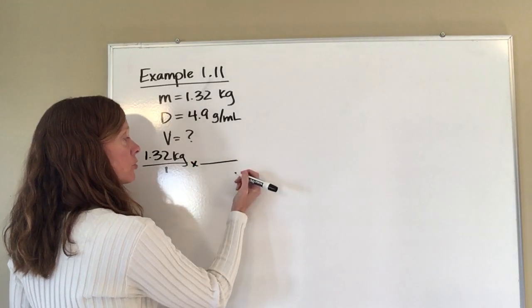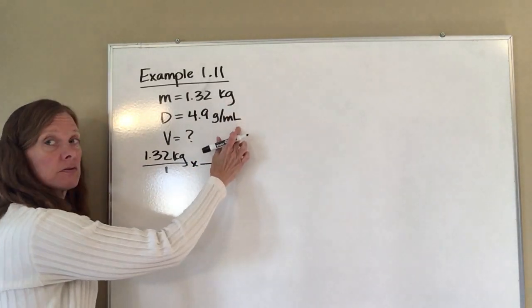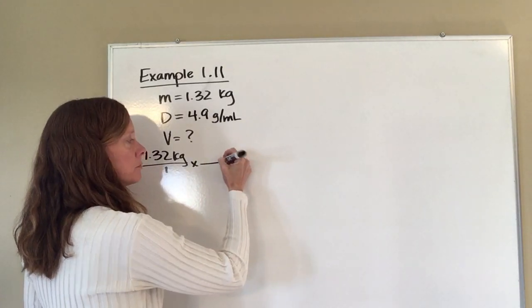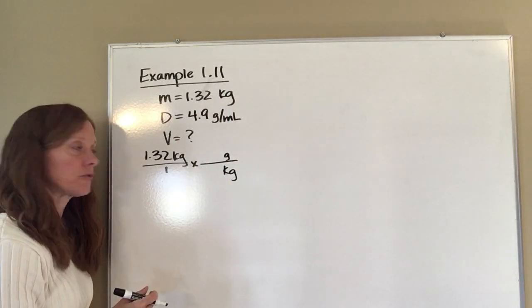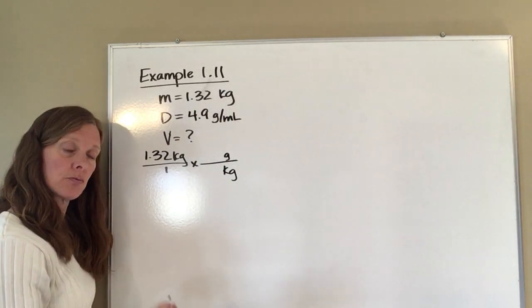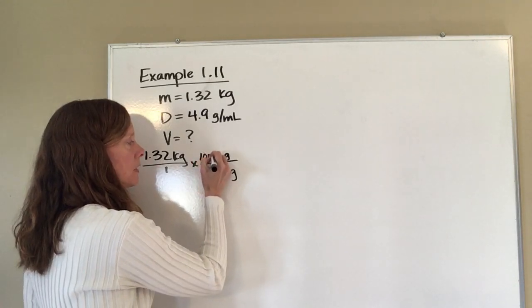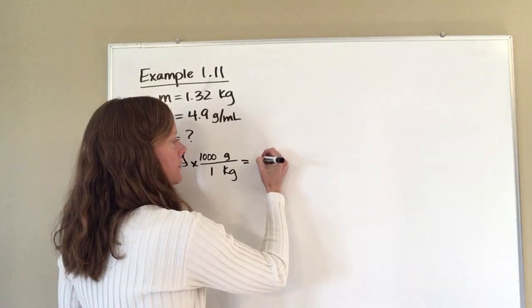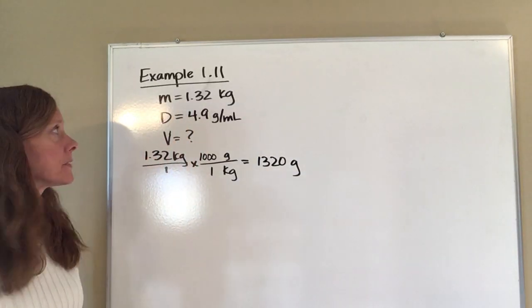I'm going to convert it to grams because it's going to be much easier to convert this than it is to convert this. So I need to put kilograms on the bottom, grams on the top. That way both my density and my mass will have units of grams. Again, the relationship that you should have memorized is that there is 1 kilogram for every 1,000 grams. And so that's going to give me 1,320 grams for the mass.